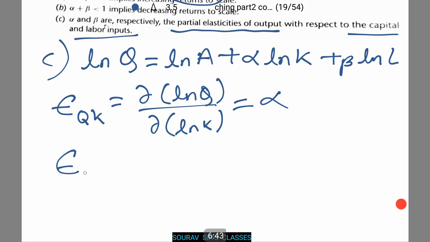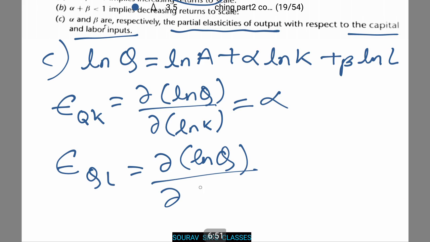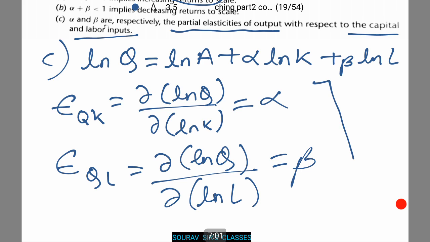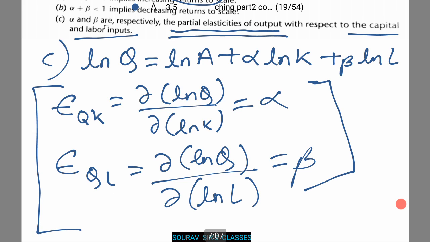Similarly, elasticity QL equals delta ln Q by delta ln L, which again equals beta. Thus this is the answer that we need to show, and these are the respective partial elasticities of output. The word partial is very important in this case.